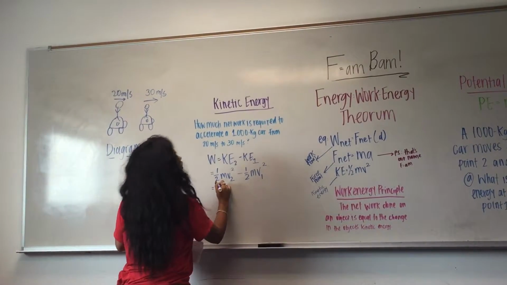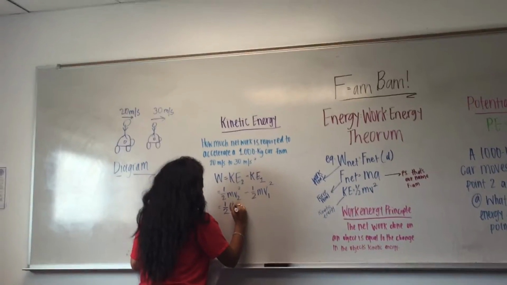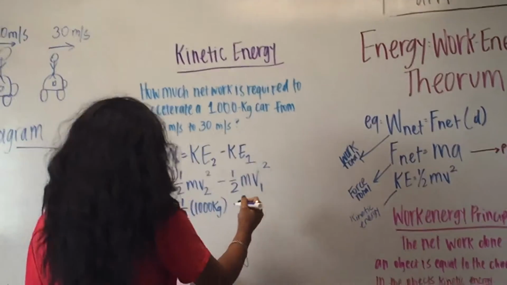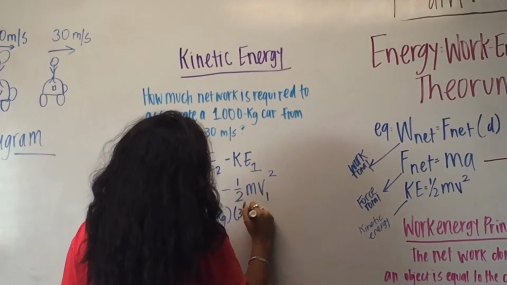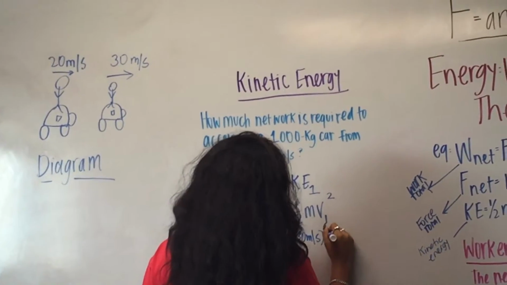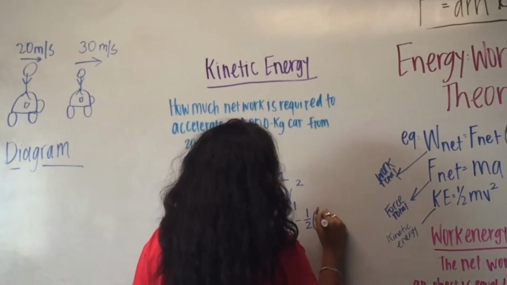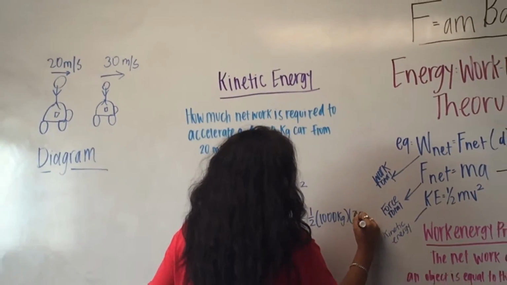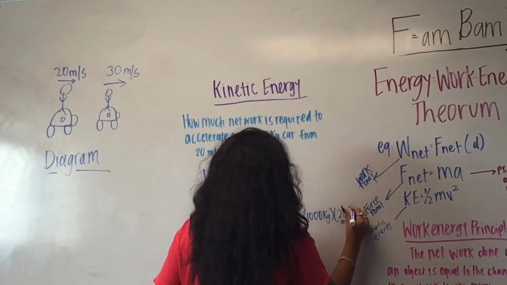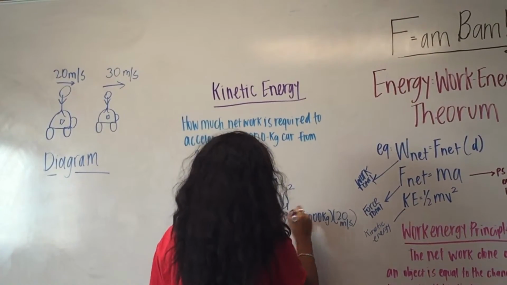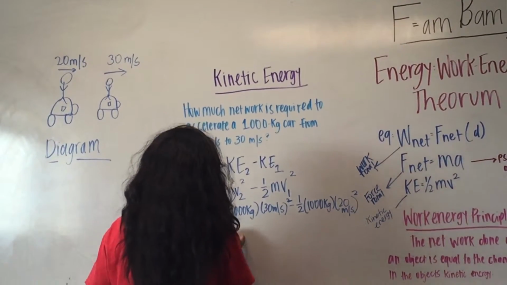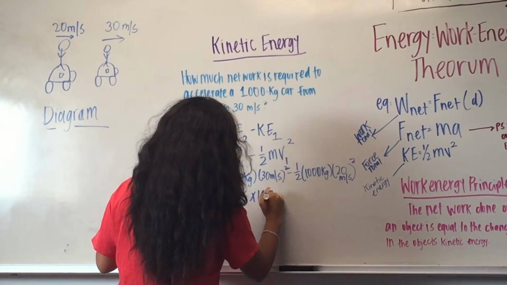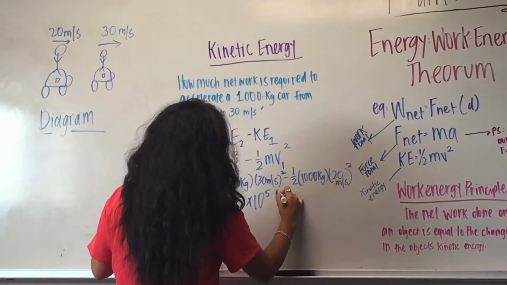That equals 1/2 times 1,000 kilograms times 30 meters per second, minus 1/2 times 1,000 kilograms times 20 meters per second, squared for both. And then we get 2.5 times 10 to the 5th power joules.